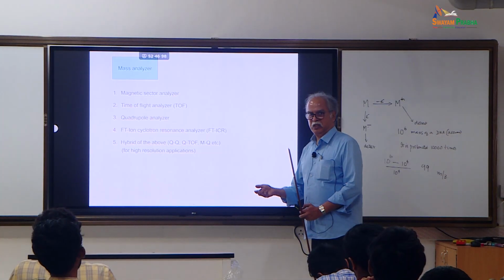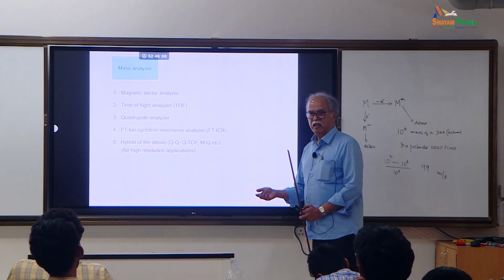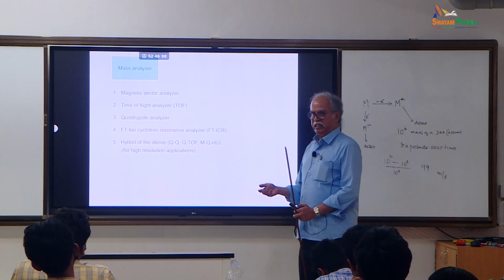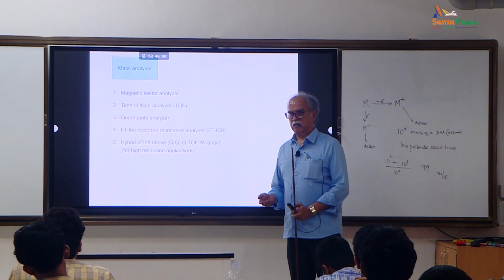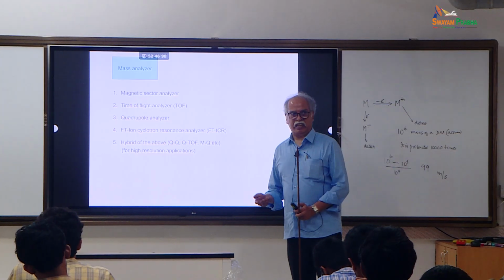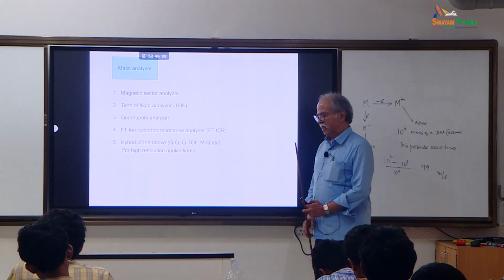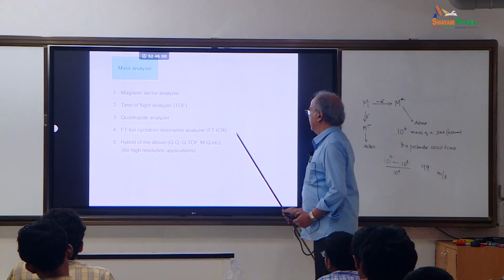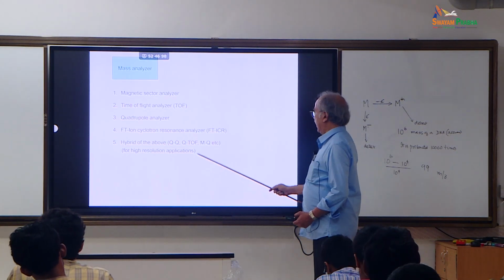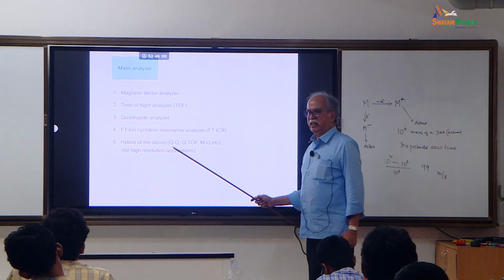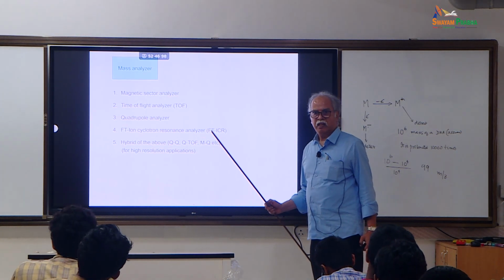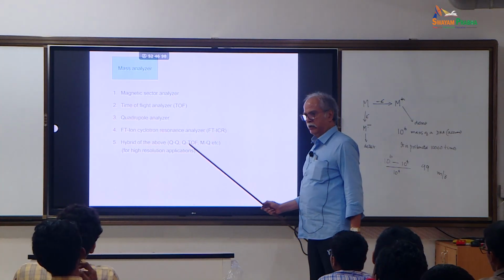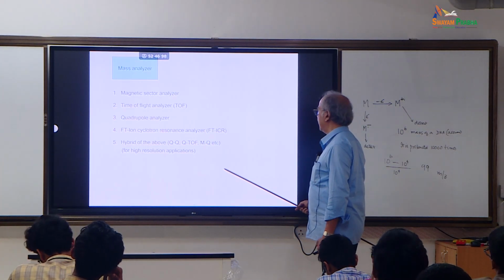It is going to take a circular path, and with the right velocity, it will either escape the analyzer to the detector or bang against the walls of the analyzer. We will see that in a minute. Quadrupole analyzer is a very compact way of designing something. Again, I will show you the principle behind it.